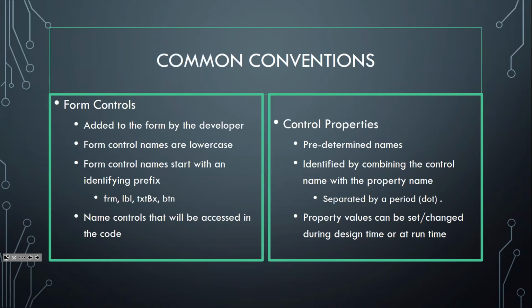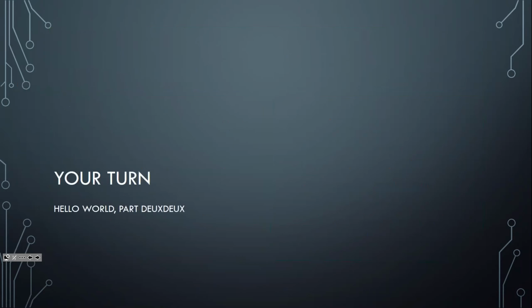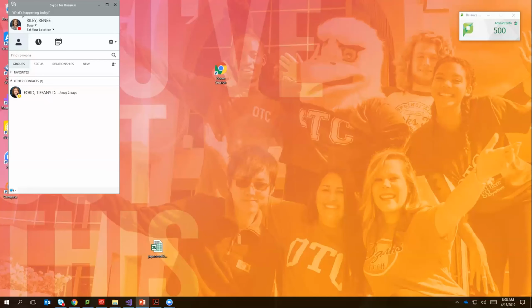Now, whenever we're working with control properties, these are items that have predetermined names. So these are like our property values, like .text. So we always want to make sure that we're using those common conventions.